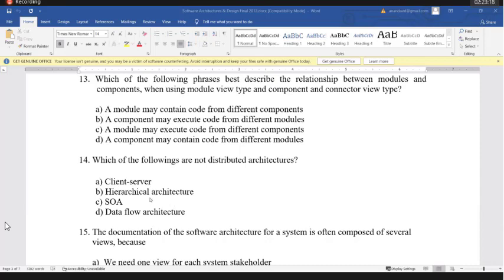And the service-oriented style is again distributed. We have a service provider. They have common features, like client-server and service-oriented.